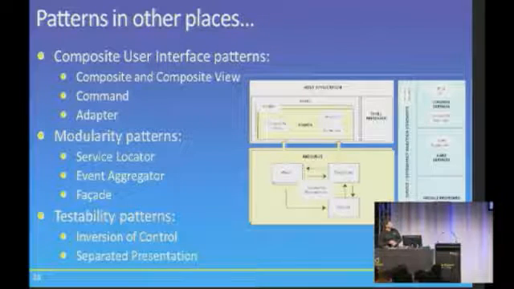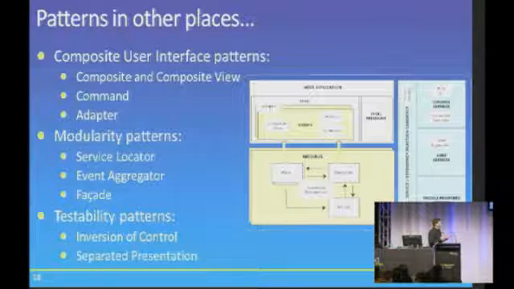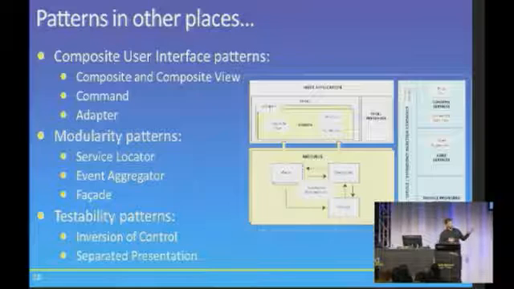And I've just chosen this one quite at random. This is Prism. So Prism is a guide for building composite applications. And it also uses a whole bunch of patterns, this time at the development level, for implementing these kinds of applications.